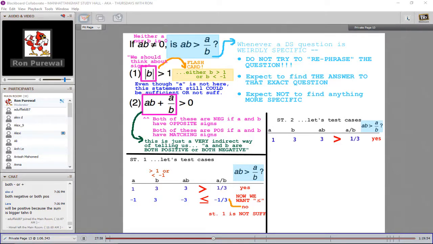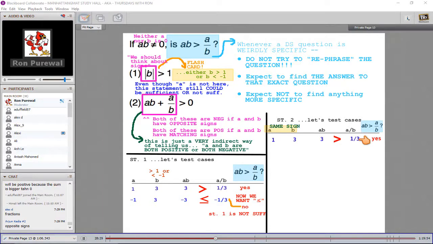Give me a smiley face if that makes sense. A and B are both positive here. It doesn't have to be positive, but they have to be the same sign. How can you get this to be the other way? How can you get AB to be less than or equal to A over B?